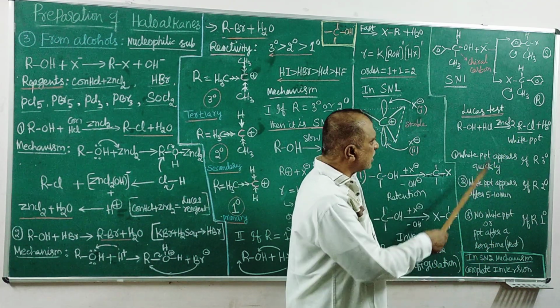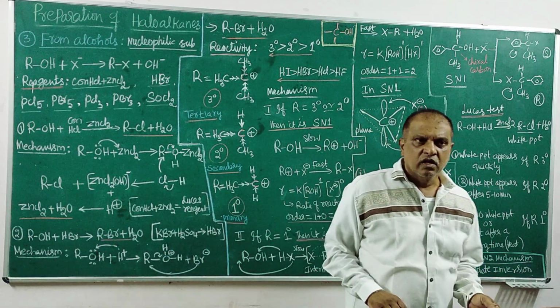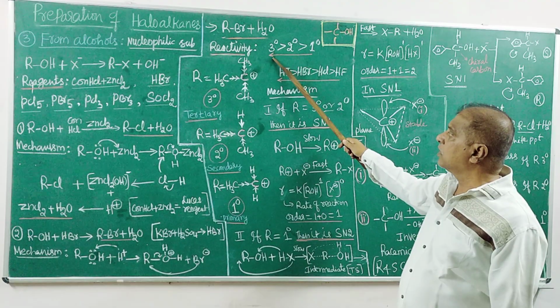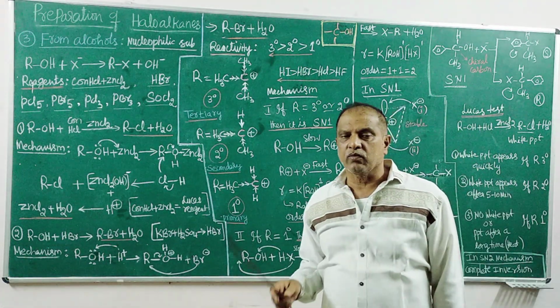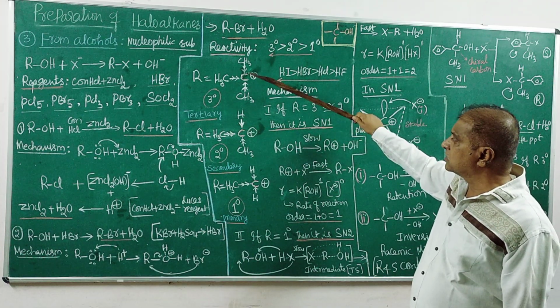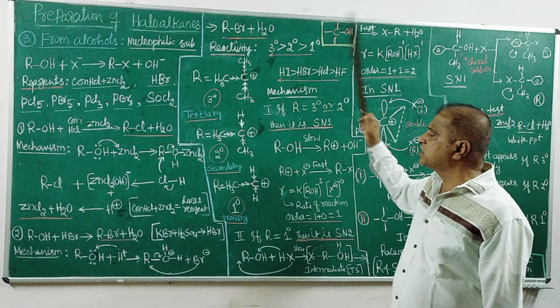So it is decided that the Lucas test is used to understand the reactivity of the carbon, the type of alcohol you have: primary, secondary, or tertiary alcohol. So they can be distinguished.